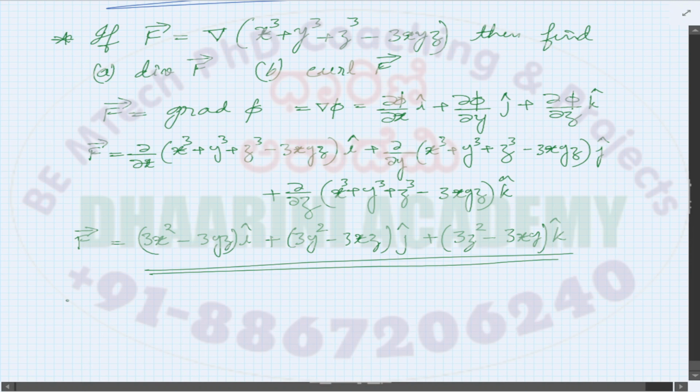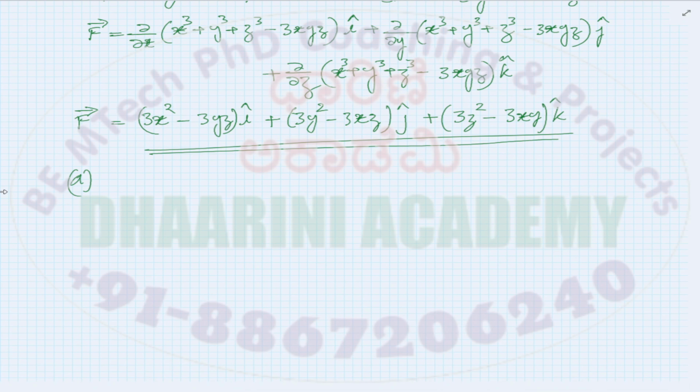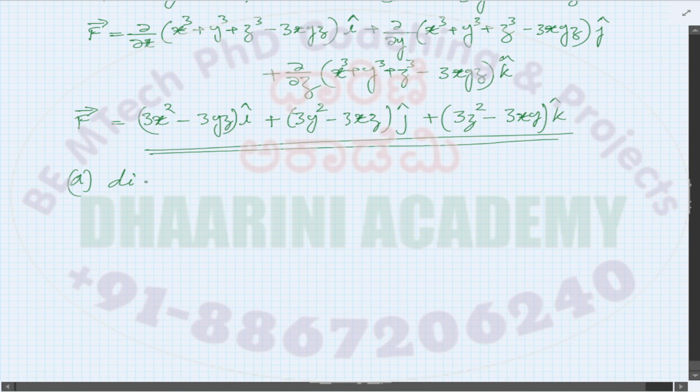Now I answer part A of the question. I need to take the divergence of this vector f, which is the dot product, del dot f. The del operator can be written as dou by dou x into i cap plus dou by dou y into j cap plus dou by dou z into k cap.